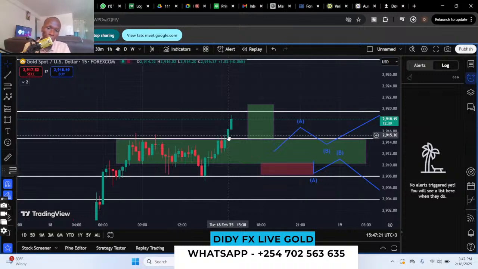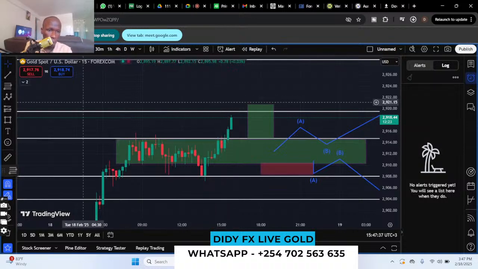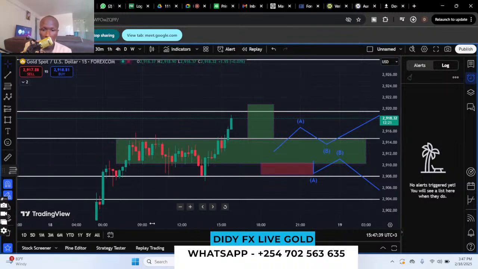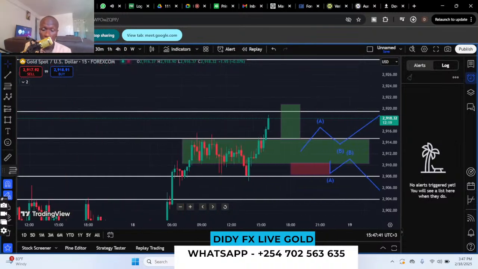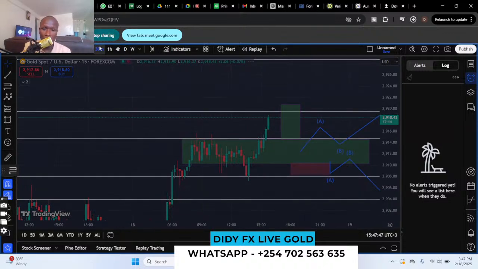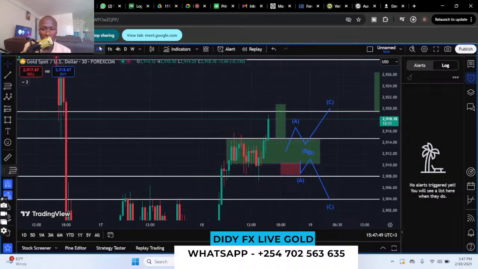But other pairs like USD JPY, Euro USD, all those pairs are very nice for starters and beginners, where you expect the market to obviously come back to test, then you can enter at your specific points. But for gold, you can easily miss an entry as you wait for confirmation or a retest. That's the funny thing about gold. It can just decide to fly and fly.